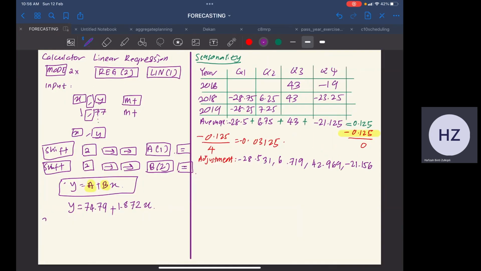So to forecast year 2023, for quarter 1, quarter 2, quarter 3, quarter 4, I write it here. We want to forecast 2023, we have X1, X2, X3, X4.